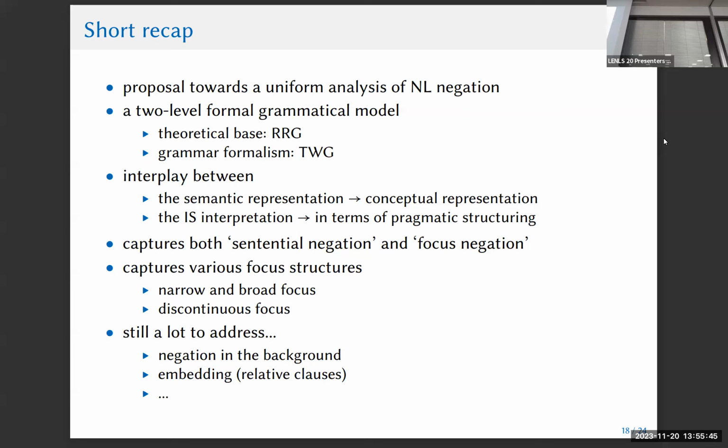Knuth gave the semantics of context-free grammars in terms of synthesized and inherited attributes. When you build a tree or a derivation, information can go from bottom up, which would be a synthesized attribute, and also some can go from top to bottom, which are inherited attributes.